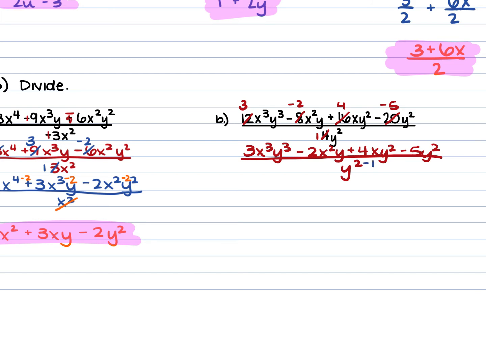So we're going to subtract 1 from each of these. Remember, the y that doesn't have a power is to the first power. So this is going to give us 3x cubed y squared minus 2x squared plus 4xy minus 5y all over y.